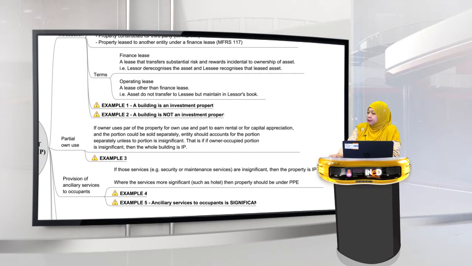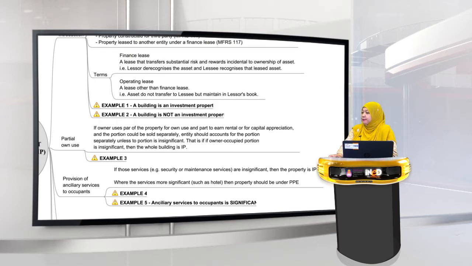Alright, because if you look at the definition of partly used, they say that if the portion could be sold separately, the entity will account for the portion separately, unless the portion is insignificant. So if the owner actually uses part of the property, but the amount is insignificant, then we can say that the whole building is investment property.